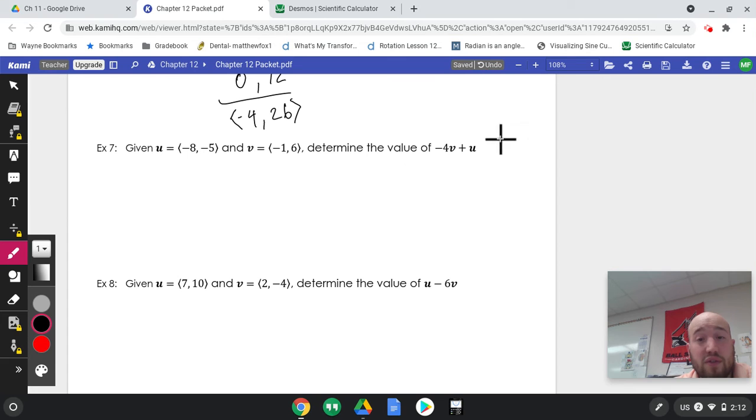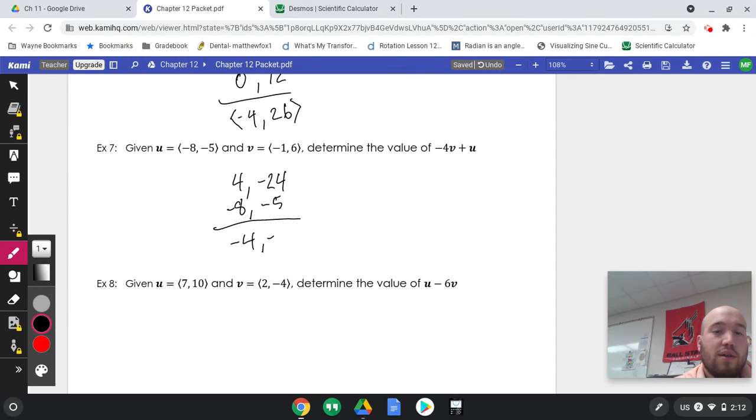So now here, be careful, it's negative 4 times v. So negative 4 times negative 1, that becomes 4. Negative 4 times 6, that's negative 24. Meanwhile, u would be negative 8 and negative 5. If we add that up, we'll get negative 4 comma negative 29.